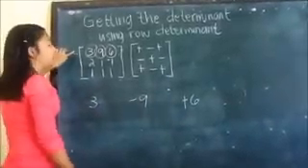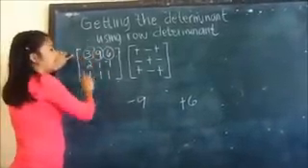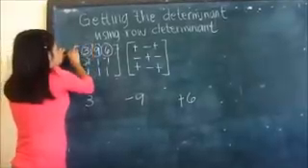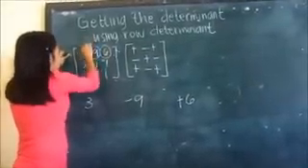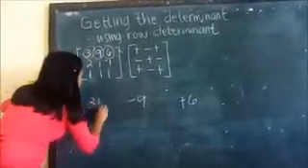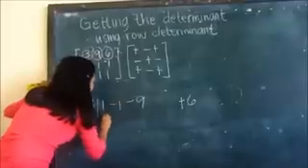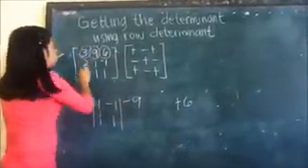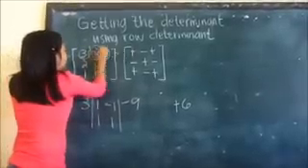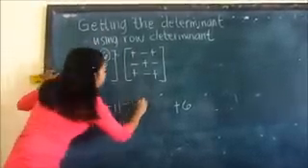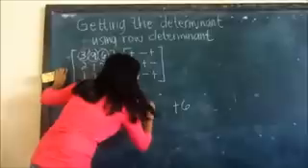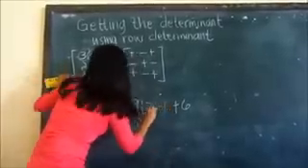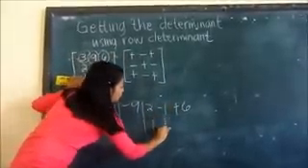In the first element, we can draw broken lines in the first row and first column, leaving us 1, negative 1, 1, and 1. In the second element, cross out the first row and the second column, leaving us 2, negative 1, 1, and 1.